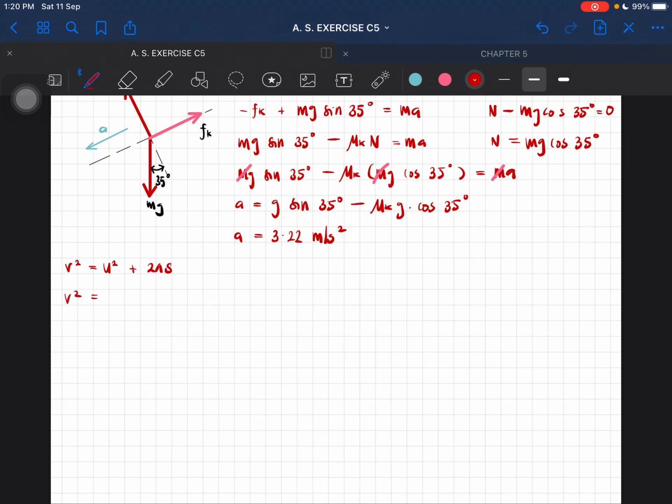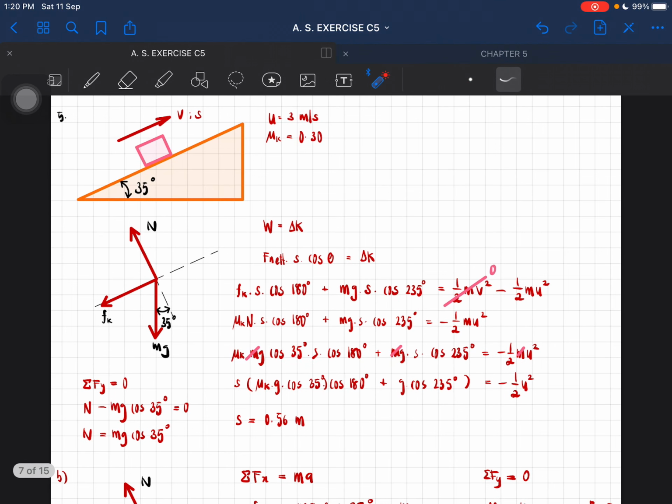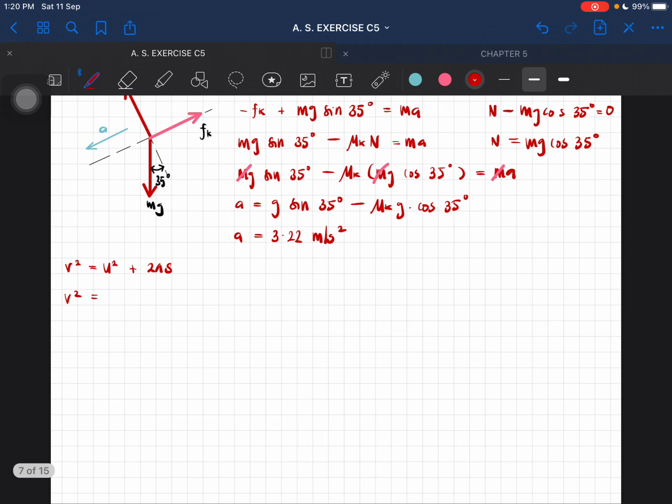At the top, before it starts sliding down, it will have zero speed, right? So v square equals u, which is 0, plus 2 times 3.22 times 0.56. So the speed of the block as it starts sliding down should be equal to 1.9 meter per second.